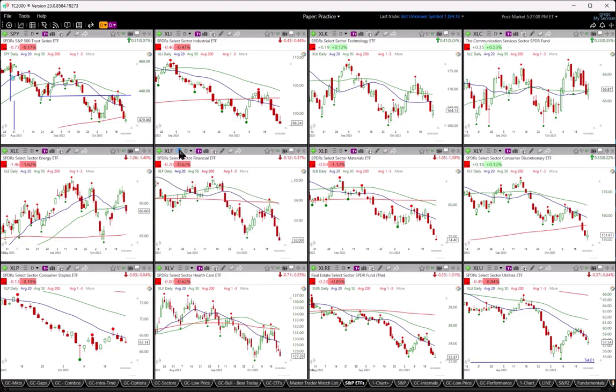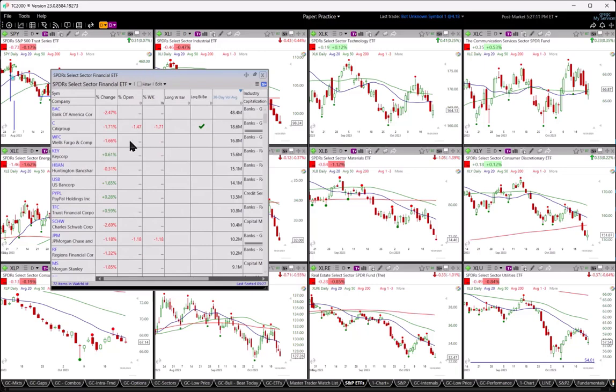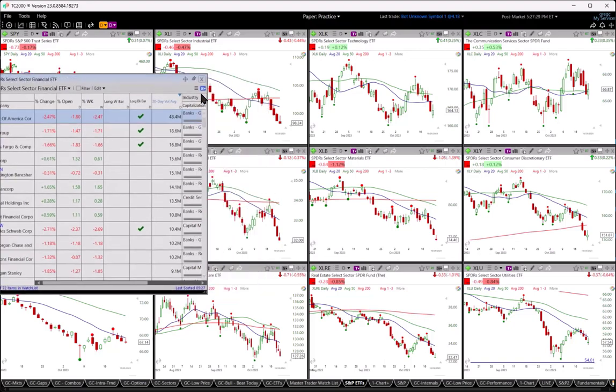I want to go and look in this particular sector. I click that, and now I look at stocks within that sector, and what am I going to do? I can look for different scans, but I look for patterns within this sector that would have bullish bars as prices are in an area of support.